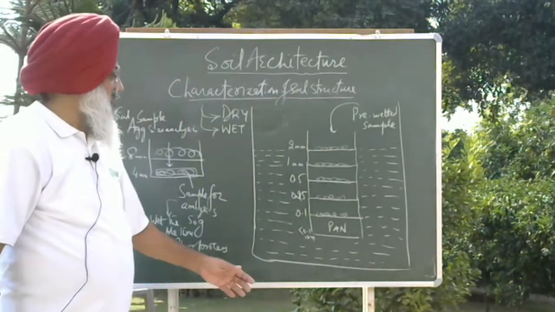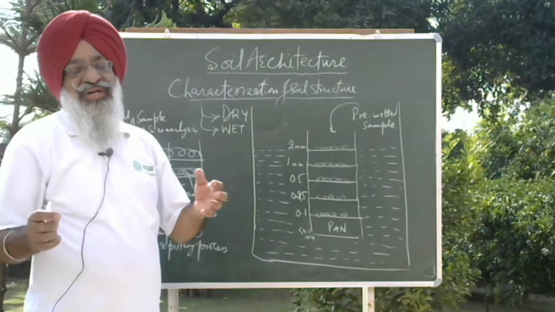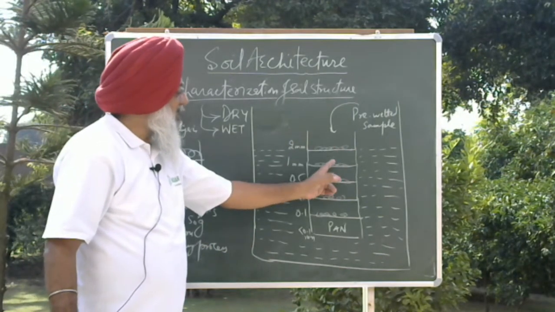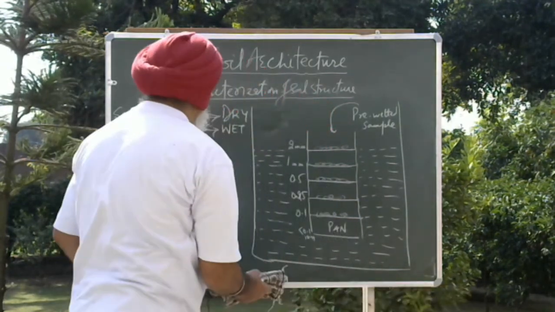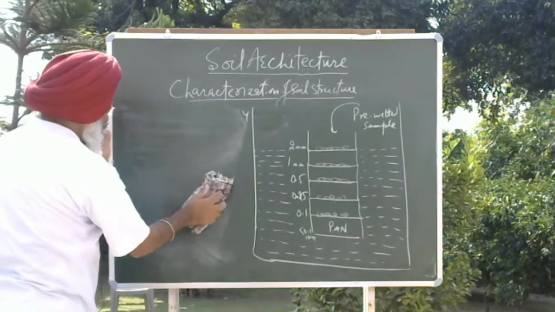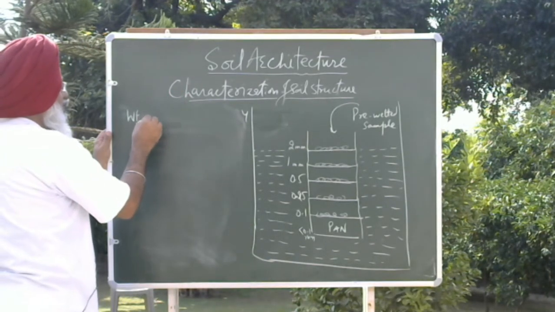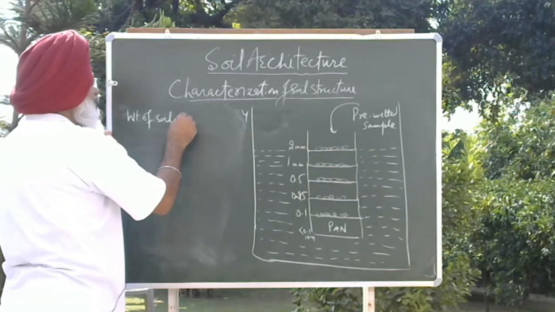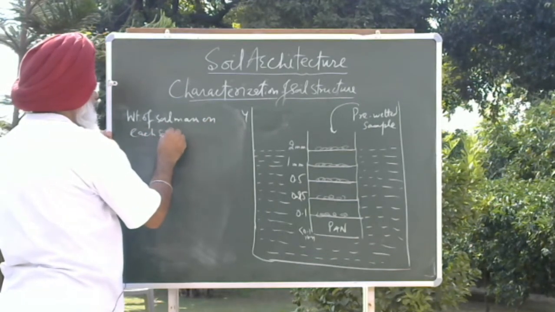So, after 30 minutes, you take this nest of sieves out of water, dry it in the oven for 24 hours, then weigh the material retained on each sieve. So, now you will have weight of soil material or soil mass on each sieve.